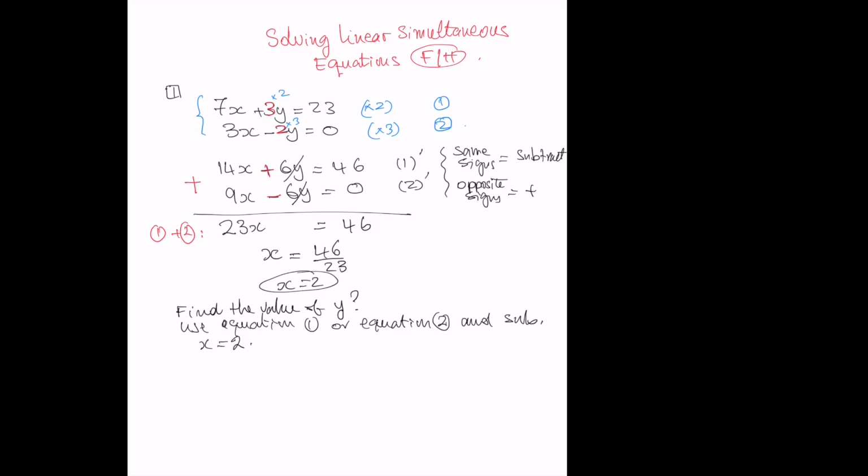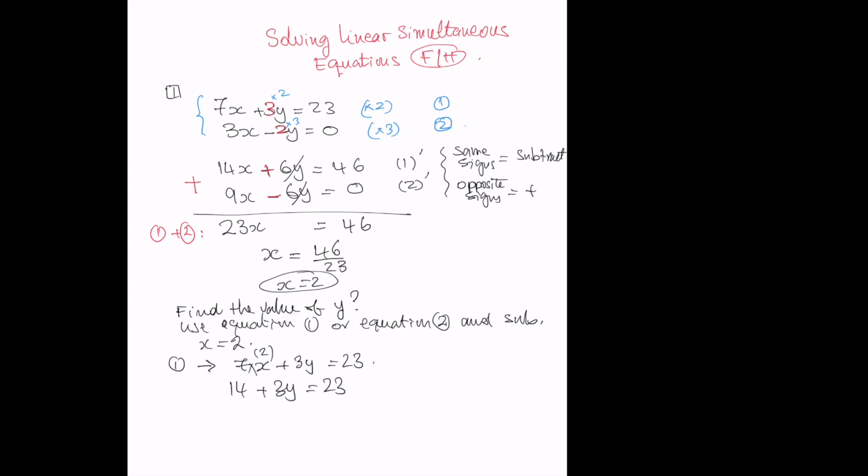So let's choose one of the equations, and I will choose the first one because it doesn't have a minus, so there are no negative numbers. So equation 1 looks easier. So equation 1 is 7x plus 3y equal 23. All right, and then the value of x is 2. So 7 times 2, remember this is times, is 14, plus 3y equal 23.